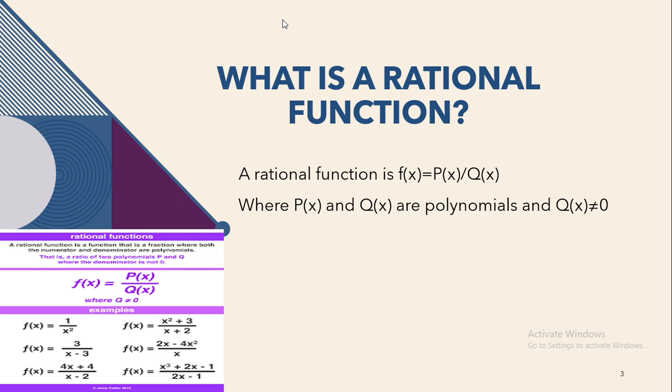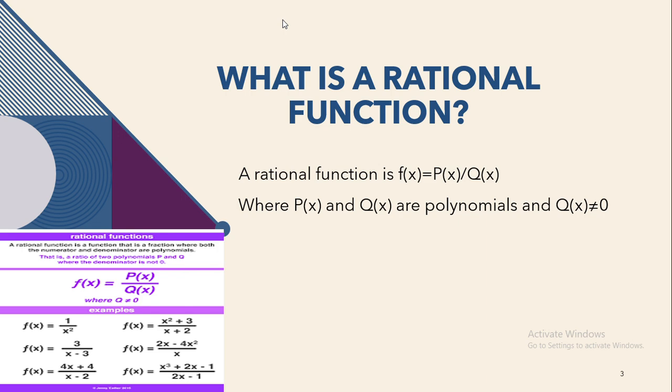Now, what is a rational function? A rational function is one polynomial divided by another polynomial. The general format looks like this: f(x) equals p(x) divided by q(x).